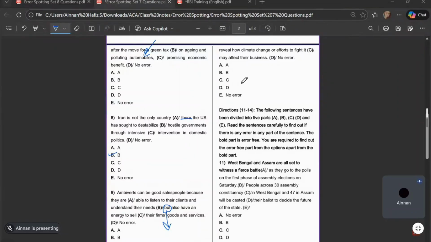So they are forcing the firms to reveal how the climate change or efforts towards climate change that is implemented to fight that might affect their business. So everything is in one subject. They're talking about one particular thing, that is climate change and the efforts to fight it. That is fight who? The firms. Okay, so the answer is E. Grammatically, there is no error. Did you all get it? Yes, ma'am. Okay.